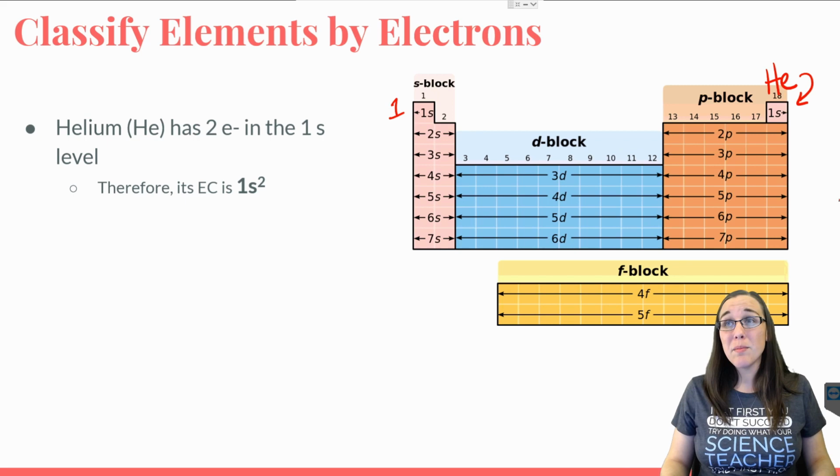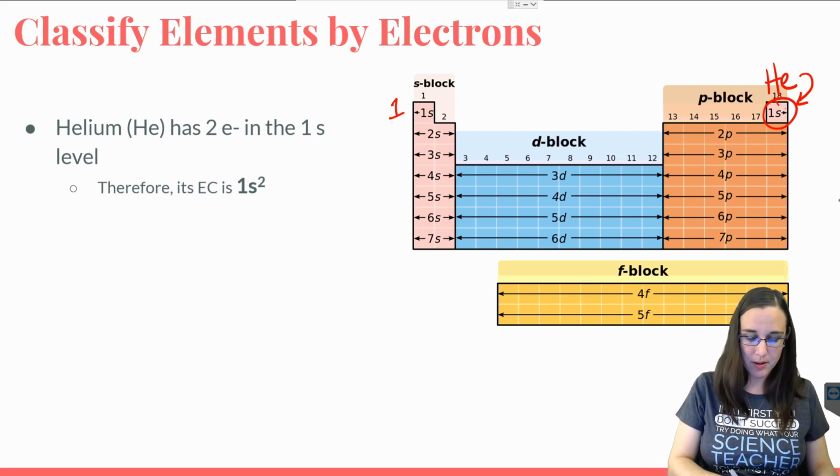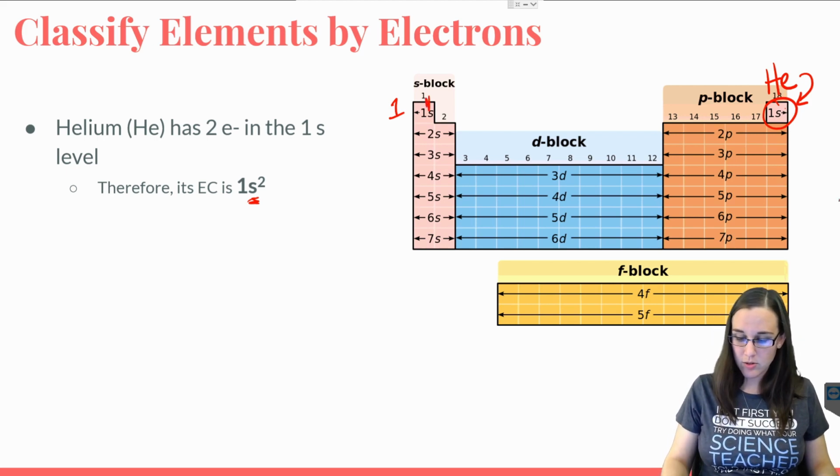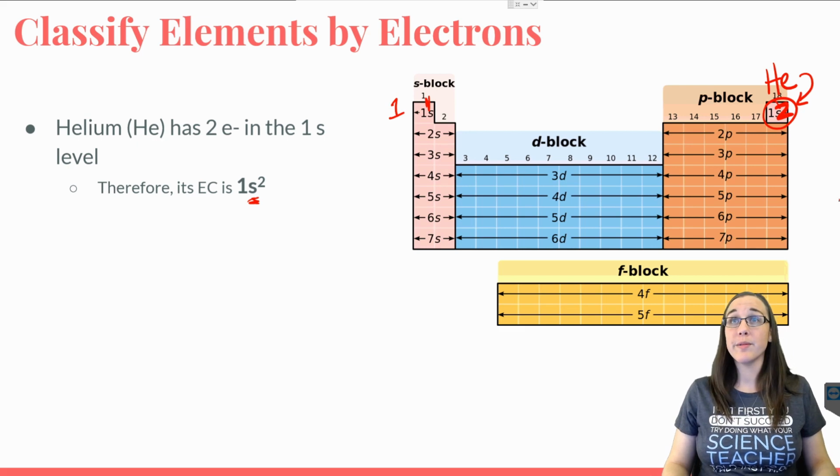And helium also has an s shape. If you notice over here, it's still pink and it says s in it. And it has 2 electrons because I counted 1, 2 over. It's also atomic number 2.